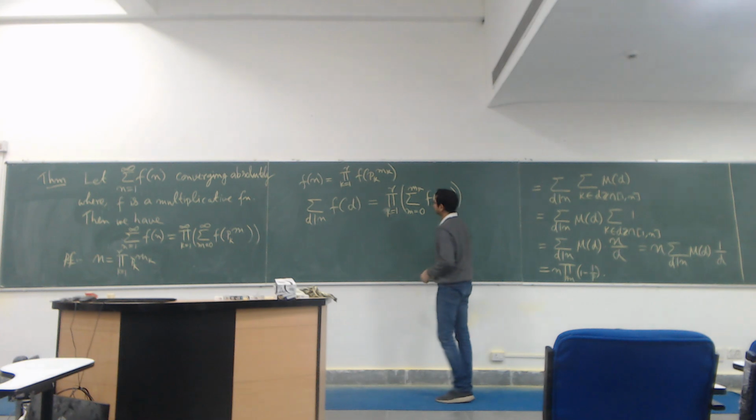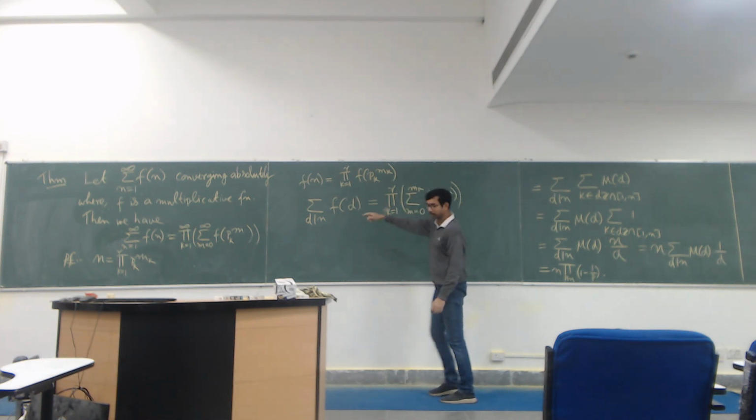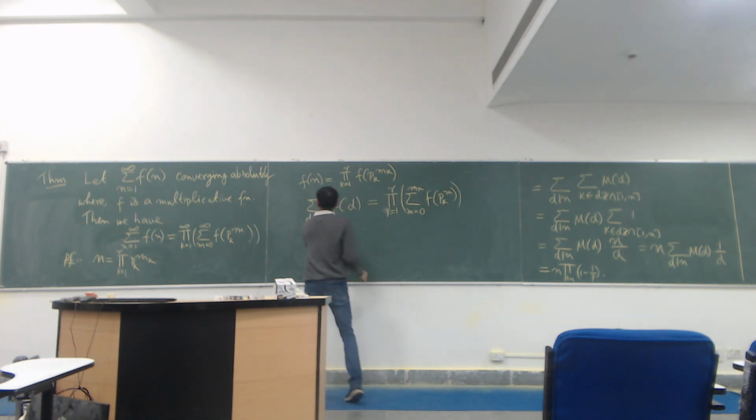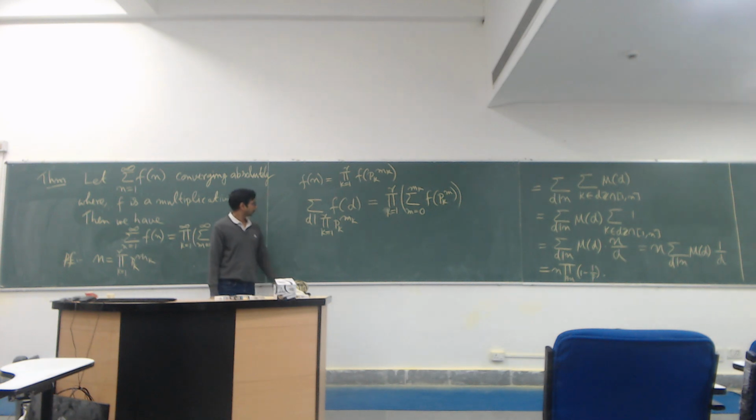Now note that if you let this r go to infinity, so here, wait a minute, instead of n, we will write the product over k from 1 to r of pk to the nk. If you let r go to infinity first, and then also let these nk go to infinity, what you have on the left is the sum over all the integers, because you are having all the integers in this form.